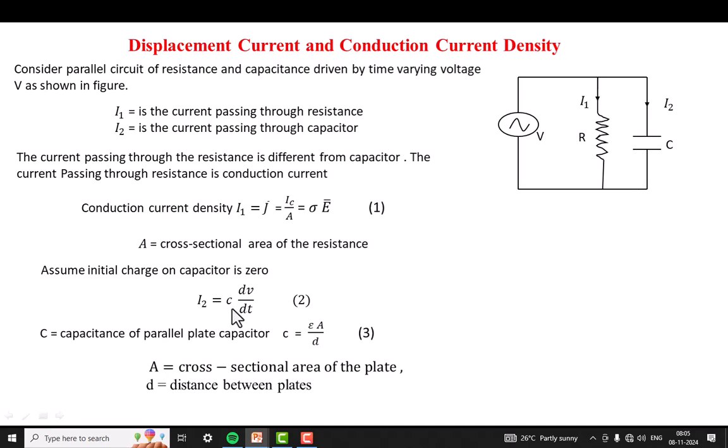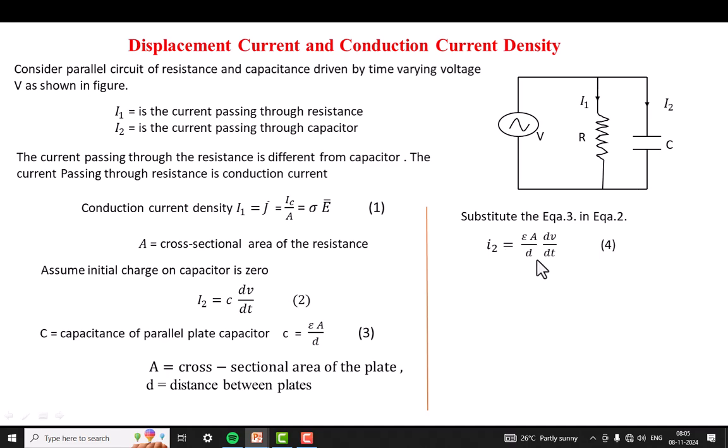If we take the capacitor as a parallel plate capacitor, then C equals epsilon A by D, where A is the area of the parallel plate, D is the distance between the two plates.